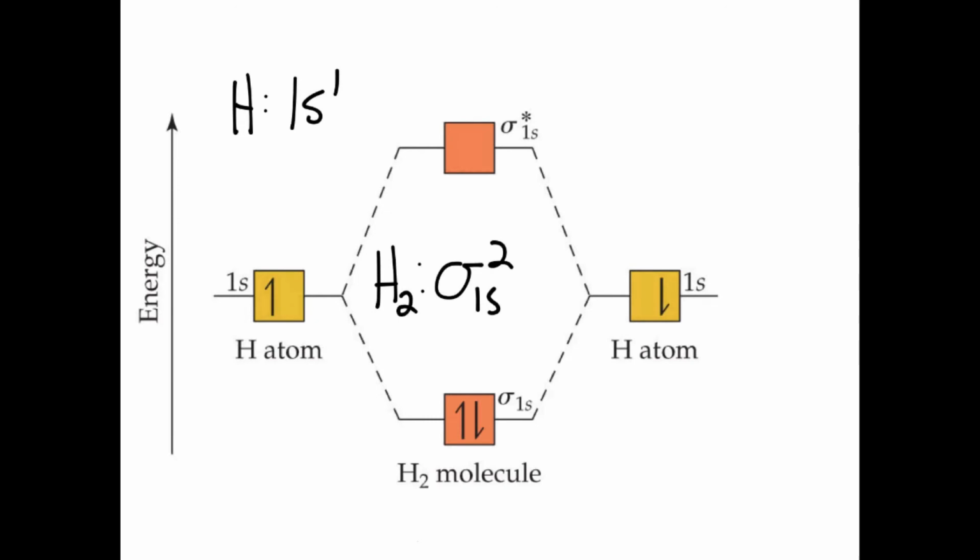The only difference is we are now no longer talking about the familiar 1s, 2s, 2p, and so forth. We're talking about a new construction. What do we get when we bring together two atoms?